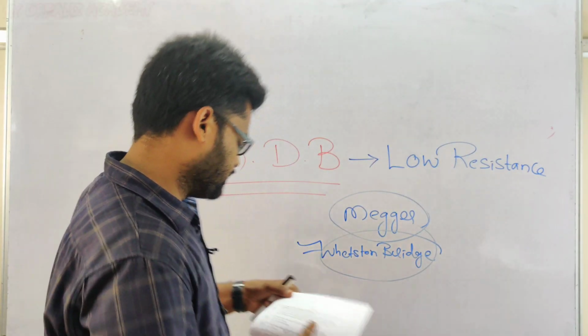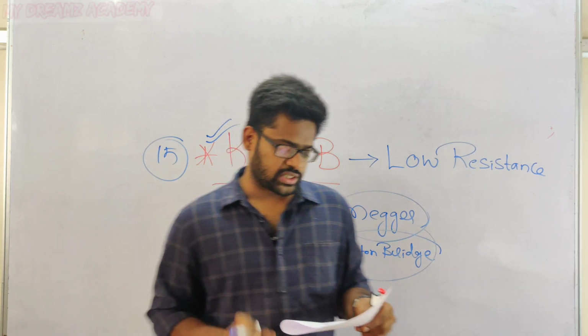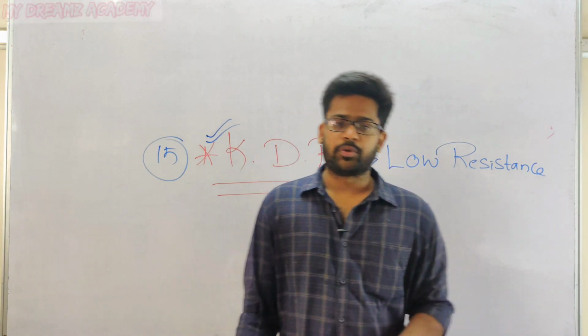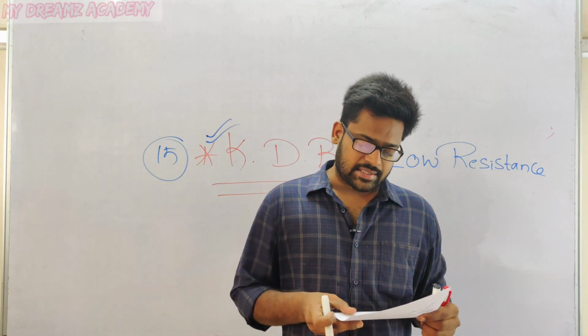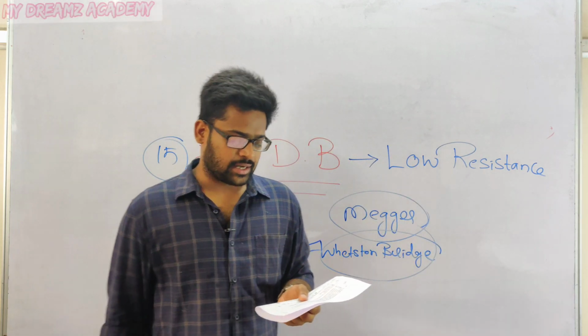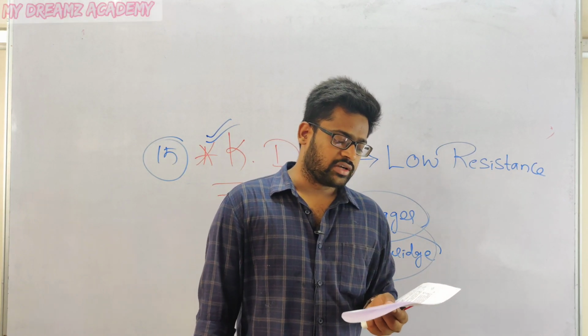That is, if voltage is measured using a potentiometer. This question is also from measurements only. If voltage is measured using a potentiometer, then under balanced condition of the instrument, which of the following options is correct?